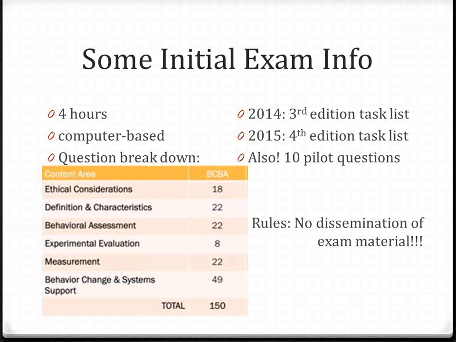And the other reason why I think it's important to look at the breakdown and what's actually included in the task list is because you can target your study. So here, if I have a limited amount of time, which we all do, I'm not going to spend a ton of time, say, completely rereading all of my stuff from research methods if I know I've got some deficits, especially in behavior change and systems support, that I really should be focusing on.